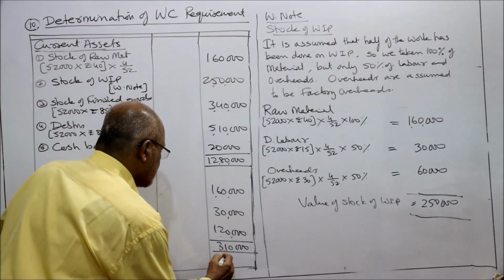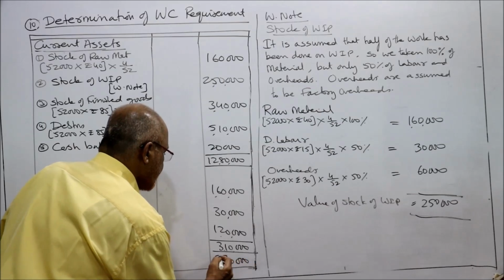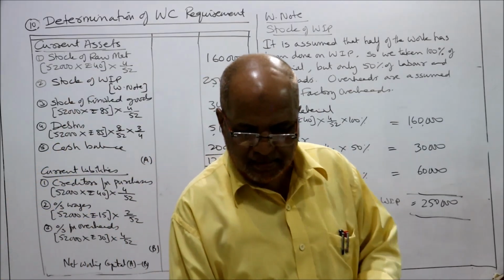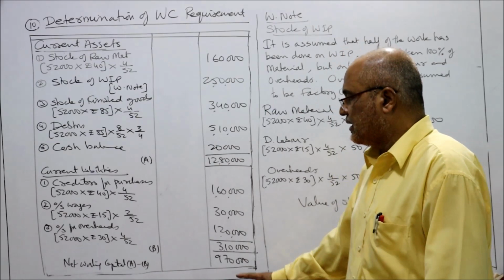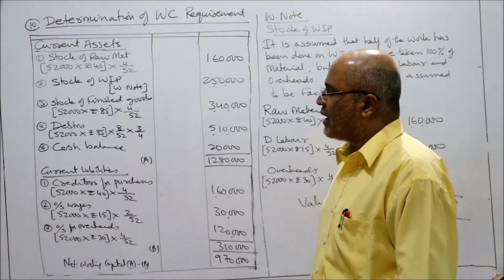Nine lakh 70,000. 9,70,000. This is the net working capital required.